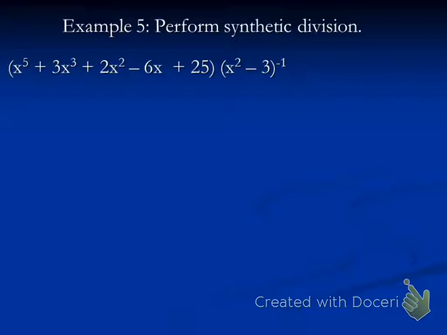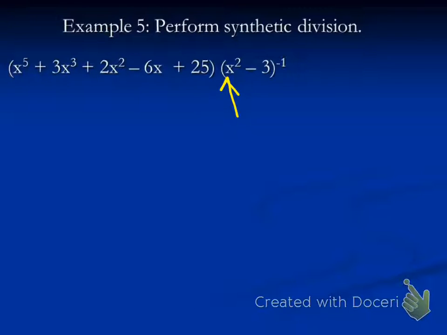Now, what's different about this problem? The directions here say to perform synthetic division. The squared, right? How does that complicate things? How does this square complicate things? Synthetic division starts with what process? Finding the root of the divisor. What's the problem there?